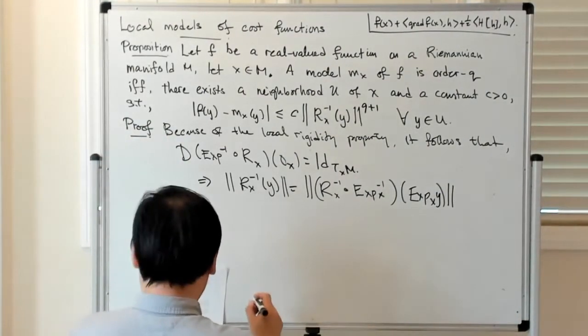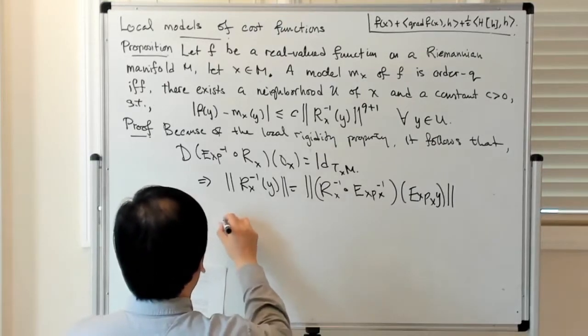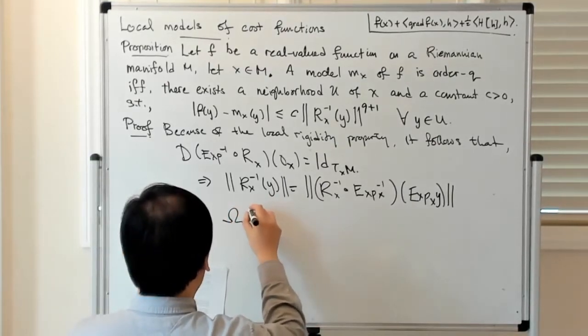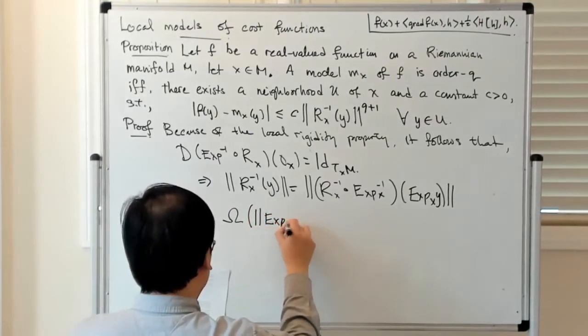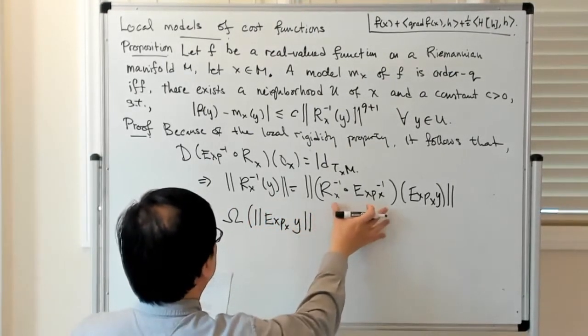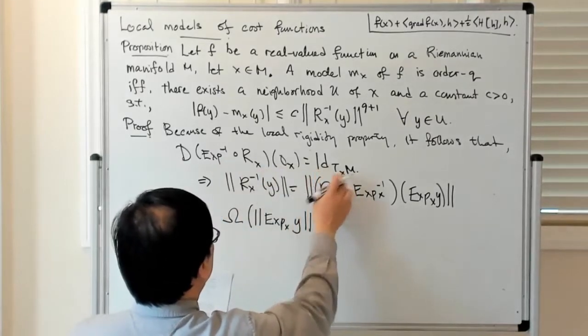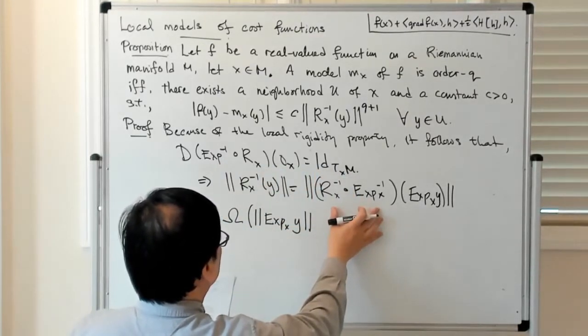And so this is omega, one of these asymptotic notions, omega of the exponential inverse at x of y, because this term here is the identity.